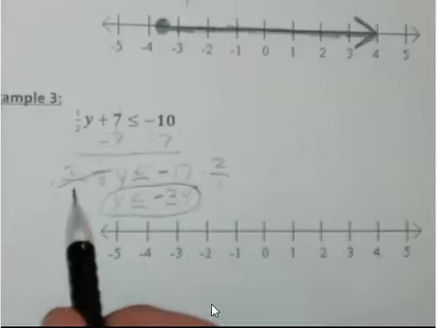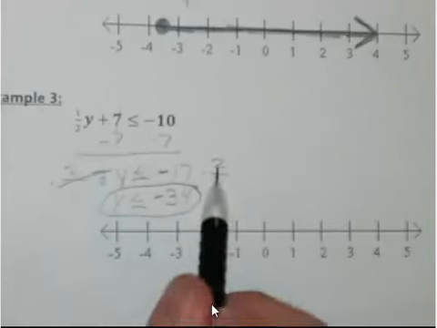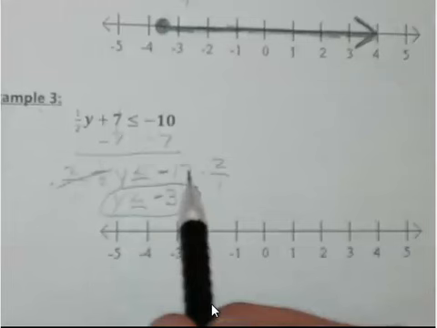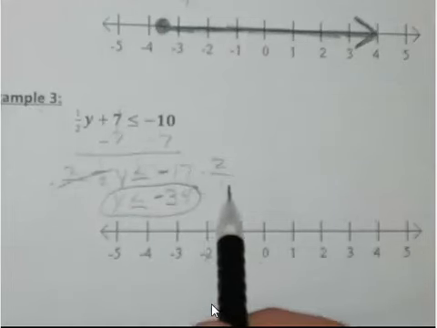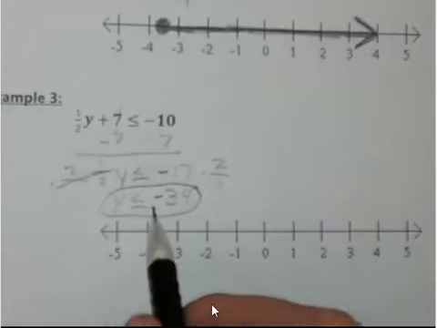So here we divided by 2, or excuse me, we multiplied by 2 over 1. 2 over 1 is positive. So that number that we multiplied by isn't negative, it's positive, so we're not going to flip this sign. So it doesn't matter about the number that's already there. If we multiply or divide by a negative, we flip it. Here we have 2 over 1, which is positive, so we're not going to flip this sign. The sign's going to stay the same.